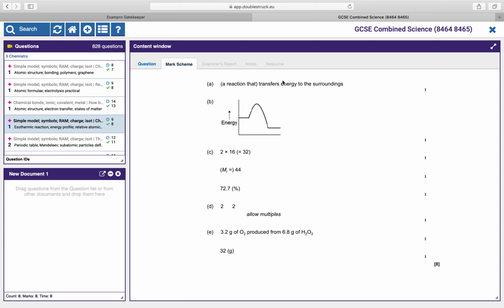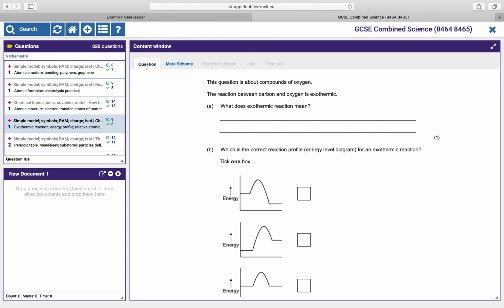So you could say it transfers energy to the surroundings, is what they like to hear. You probably would get a mark for saying it gives out energy, but try and stick as close to what this mark scheme gives. So it transfers energy to the surroundings, and therefore, what does an endothermic reaction do? The very opposite. It takes in energy from its surroundings.